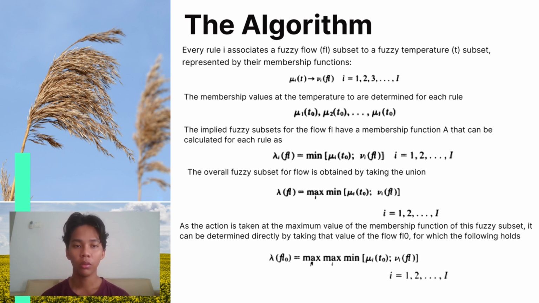The membership values of the temperature T0 are determined for each rule. In the second formula, the implied fuzzy subset for the FL has a membership function that can be calculated for a rule as in the third formula.